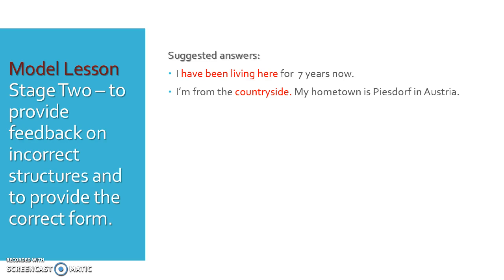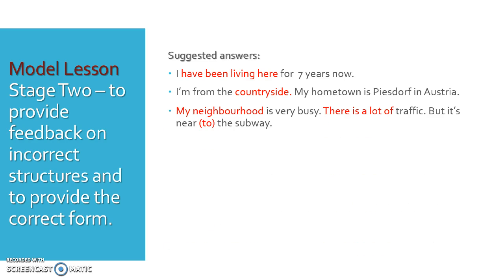Second one, the learner may be German and is confusing the word Land in German for the word countryside in English. Instead of area, neighborhood would be a more appropriate word for talking about part of the city.